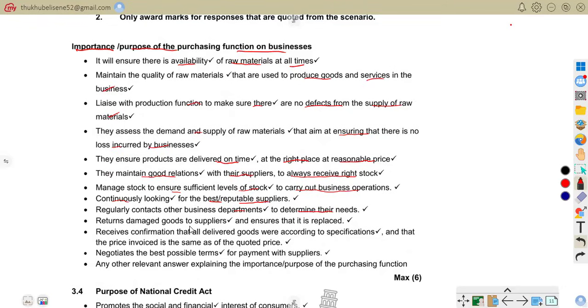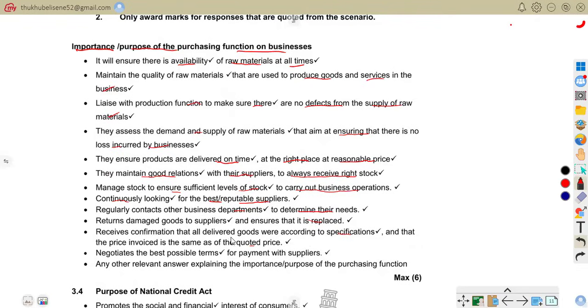They return damaged goods to suppliers and ensure that those returns are replaced. They receive confirmation that all delivered goods were according to specifications and that the price invoiced is the same as the quoted price.